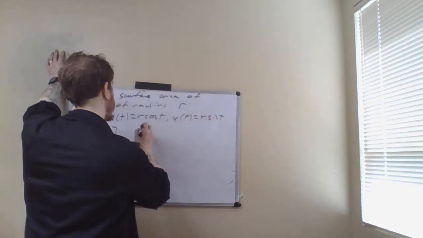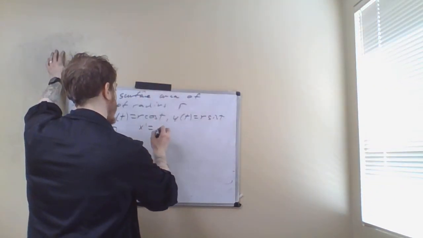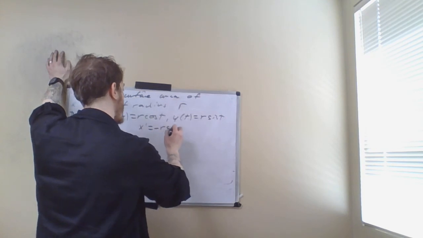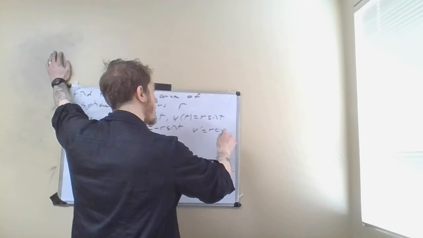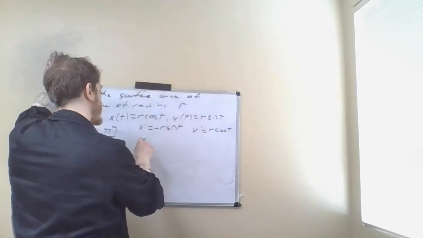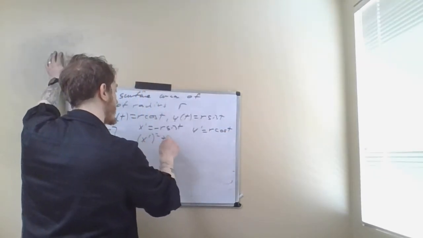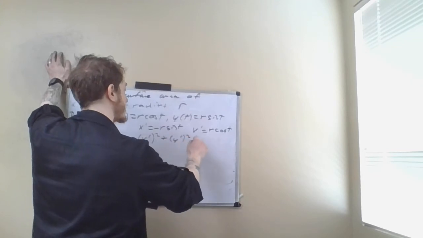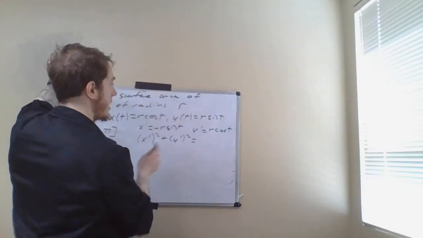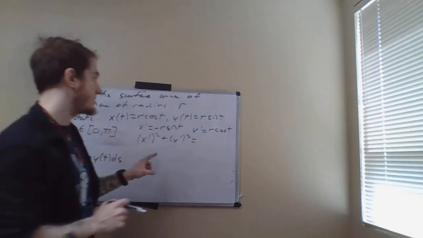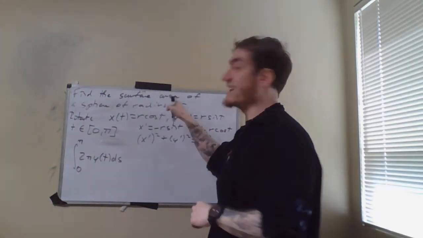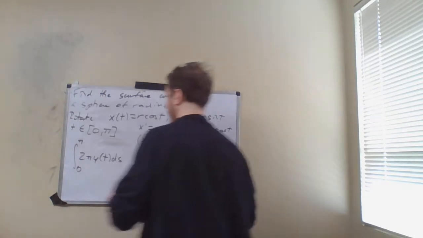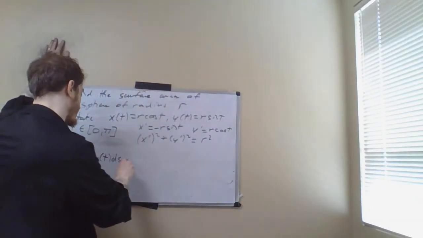Well, in this case, x prime is equal to negative r sine t, and y prime is equal to r cosine t. So what is x prime squared plus y prime squared? I'm going to give you a minute to try to work this out yourselves. It turns out that this just comes out to be the radius squared. So what does this come out to be?